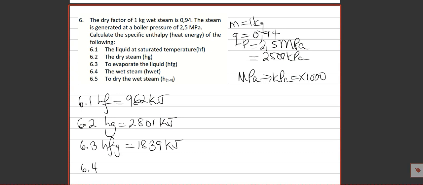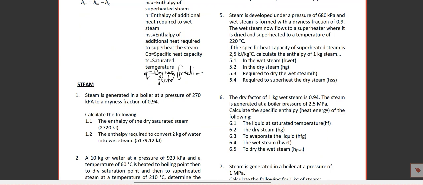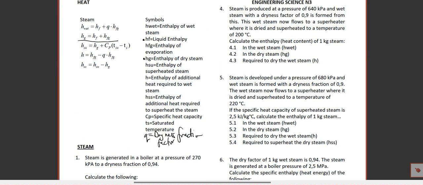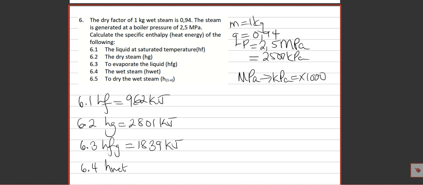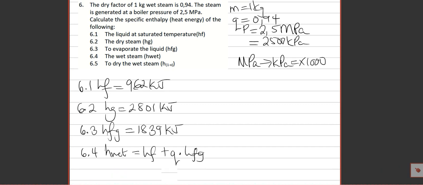6.4, enthalpy of wet steam, we have a formula for it. That formula says H wet equals HF plus Q HFG.